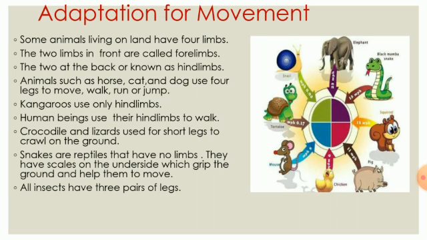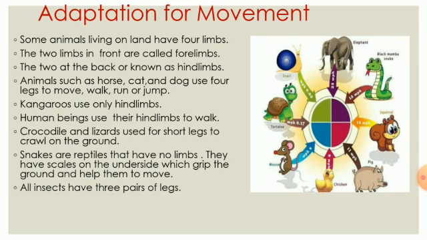So animals such as horse, cat and dog use four legs to move, walk, run or jump. But animals like kangaroos use only hind limbs to jump, move or walk. But human beings, though they have four limbs, they use the hind limbs to walk.